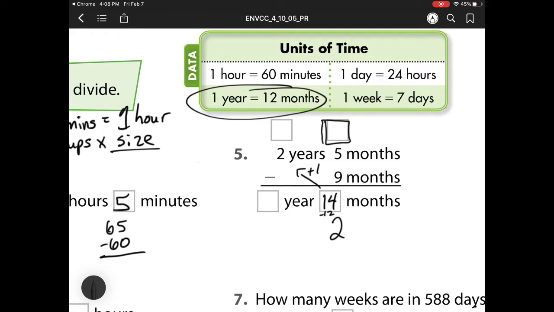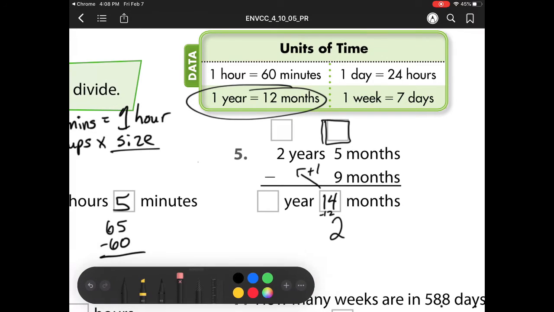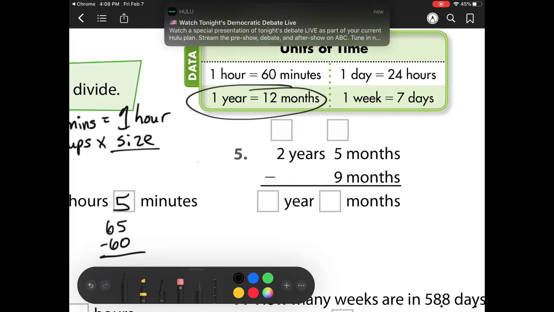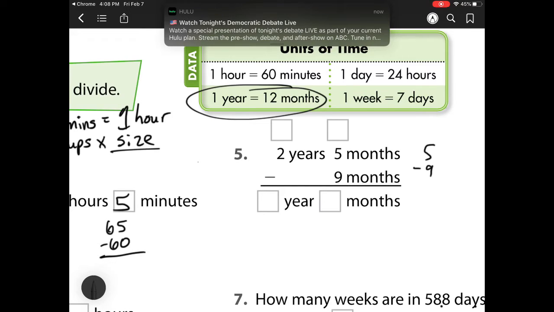So then I have 2 years minus, but notice this was an addition problem, but it's really a subtraction. So Mr. Wimbley did not read that right, so I'm sorry, guys. So here we have 5 minus 9, but we can't do that, so we have to regroup.